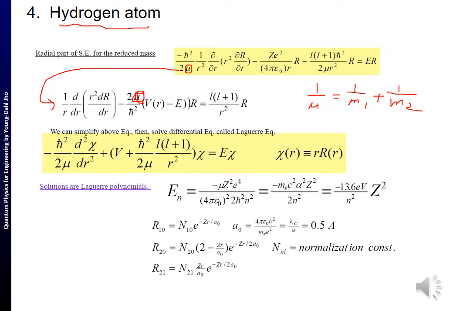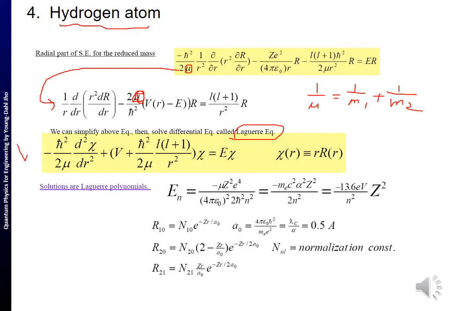We can simplify the above equation, then solve the differential equation called the Laguerre equation. You can study how to solve the Laguerre equation in an undergraduate differential equation course.